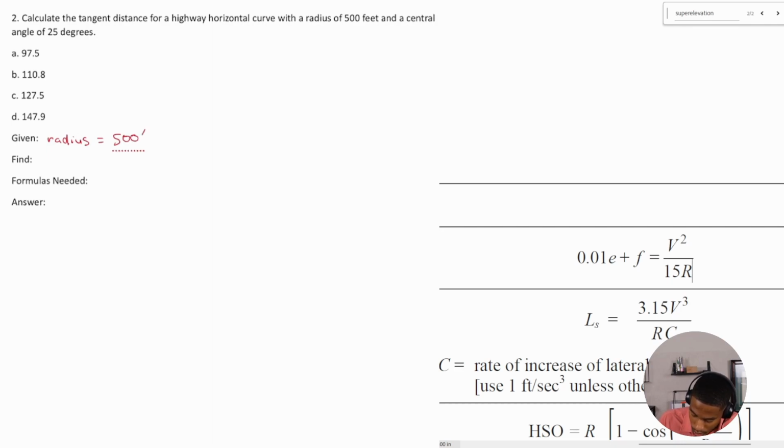Okay, and we're given a central angle. It's 25 degrees. Okay. What are we trying to find? Trying to find the tangent distance. They also let us know that this is a horizontal curve.